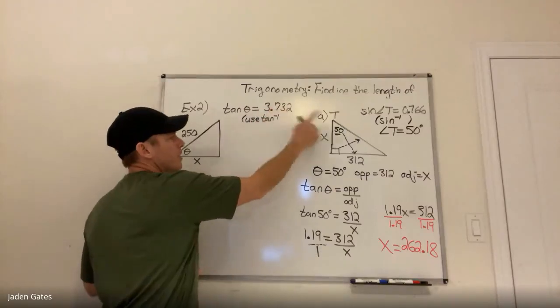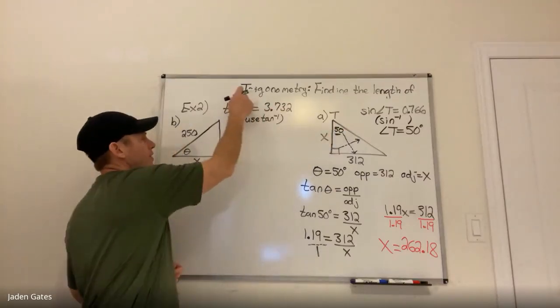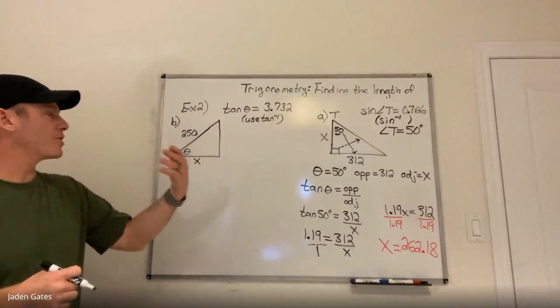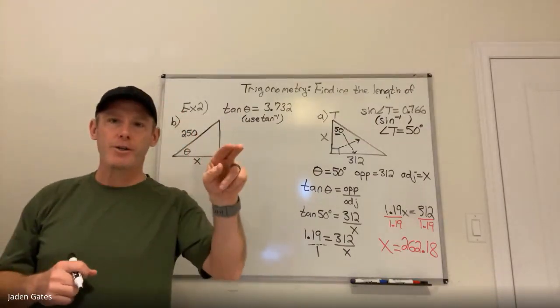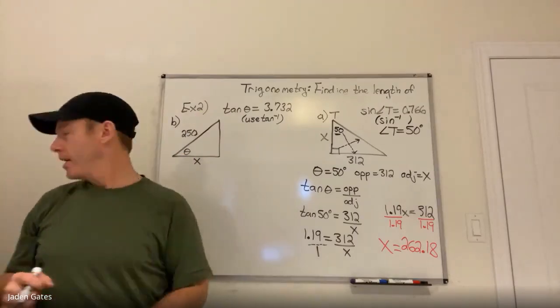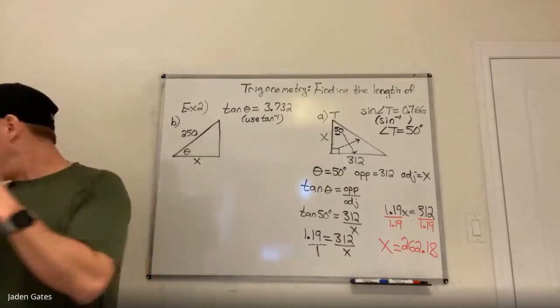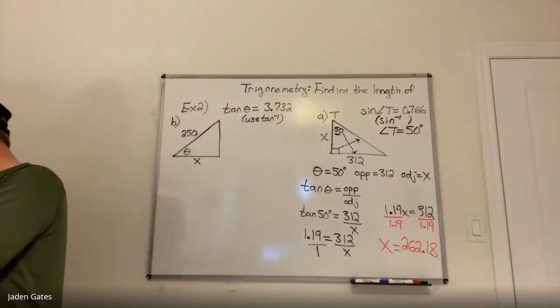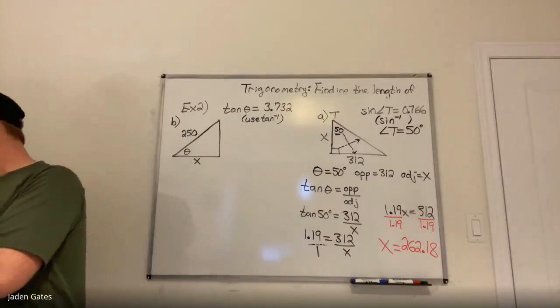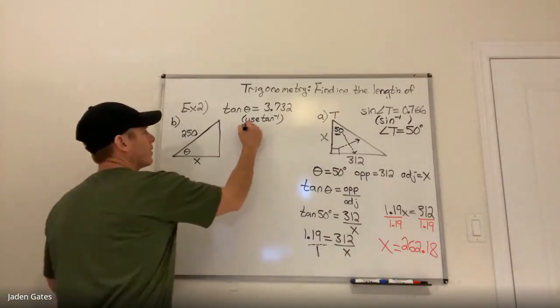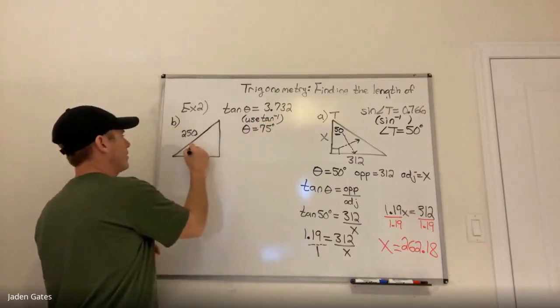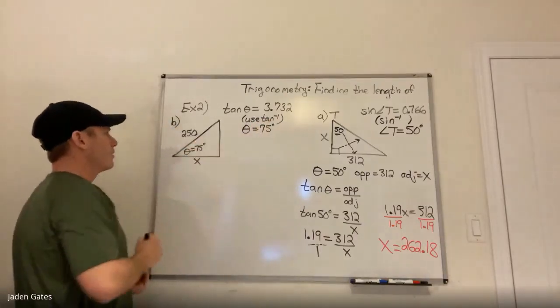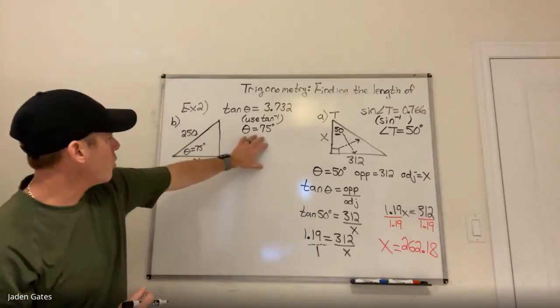Last time we used sine inverse, but because we have the tan ratio, I'm going to use tan inverse to get the angle. And so that's where I press second function, tan, and then I put in 3.732, and I get that my angle is 75 degrees.